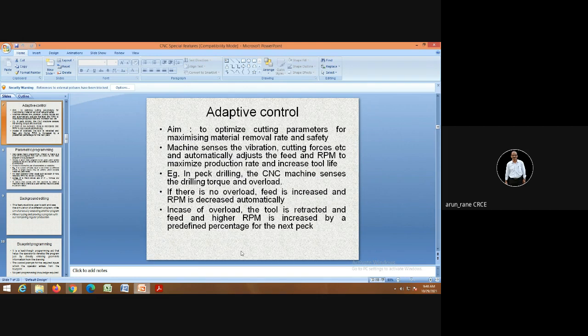The meaning of adaptive control is the CNC machine will adapt to the situation.